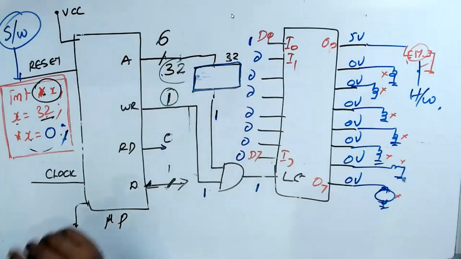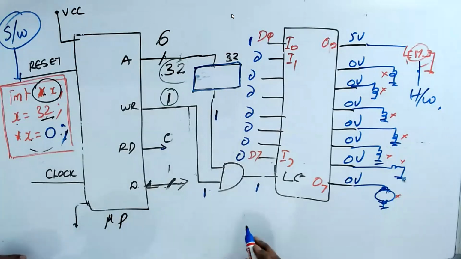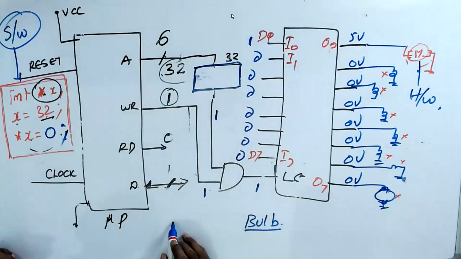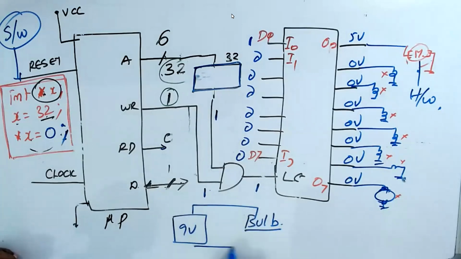Now let us take a case. At your house, you buy a bulb. And if you have a battery, let's say a 9 volt battery, you connect it to a 230 volt bulb, let's say 100 watts.